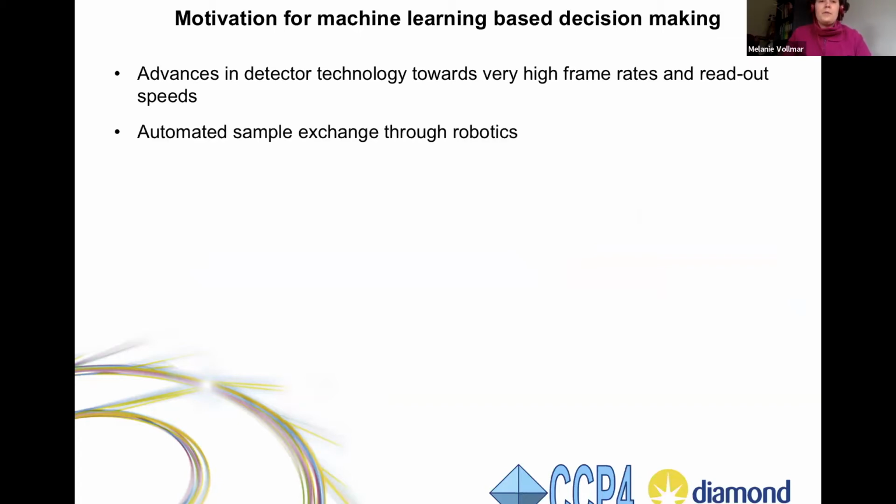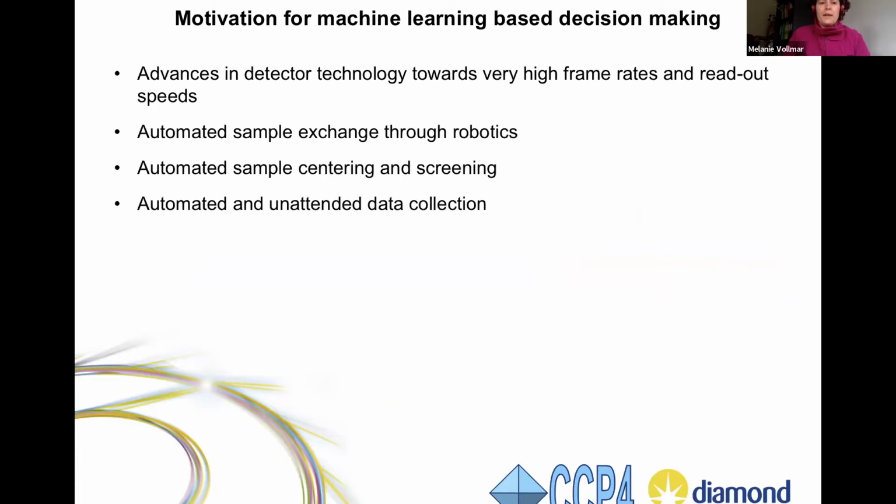This is combined with automation for sample exchange and sample centering, which is literally user-free. Going so far that we have unattended data collection at Diamond, where users just send in their samples with a courier in pre-mounted standard pins to fit our robotic systems. And then the beamline does everything independently. We just press the go button and it does all of the work by itself.